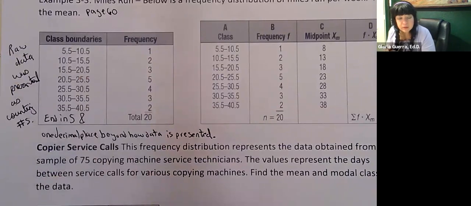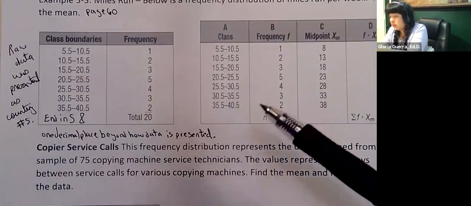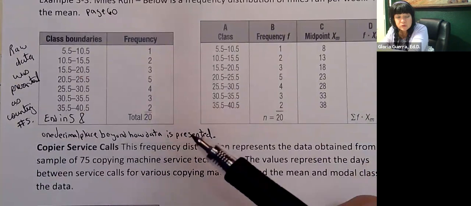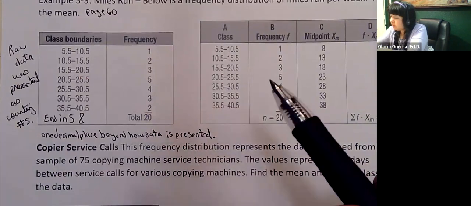Okay, and they want you to find the mean. So remember what we said for these problems, that if you don't have the actual data, but you have the class boundaries, the mean will have to be rounded to the same place value as the class boundaries.